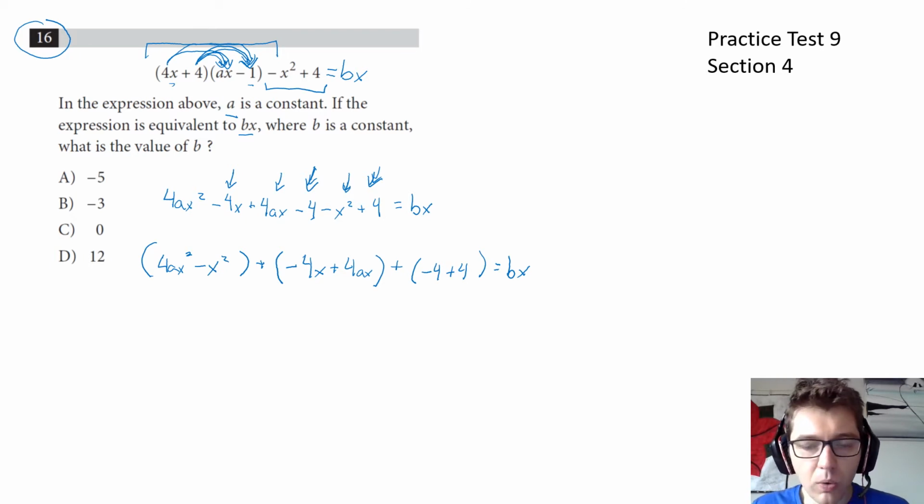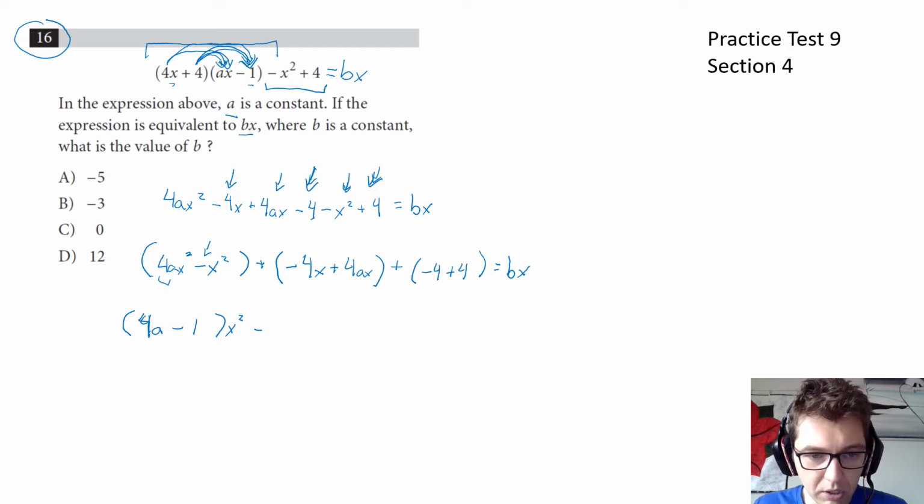Okay, so now in each of these parentheses that we just made, pull out the variables. In this first one, pull out x squared. So you have all this multiplied by x squared. So that's 4a, and then this negative here is just -1. So 4a minus 1 times x squared.